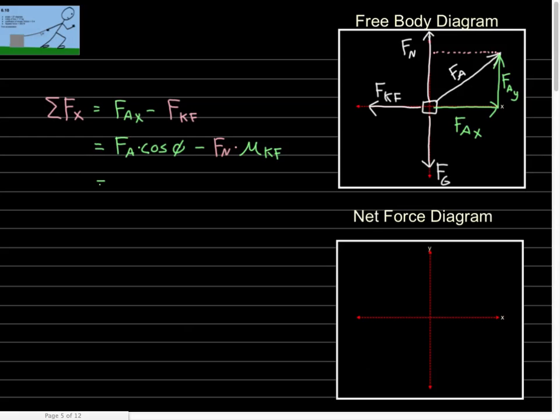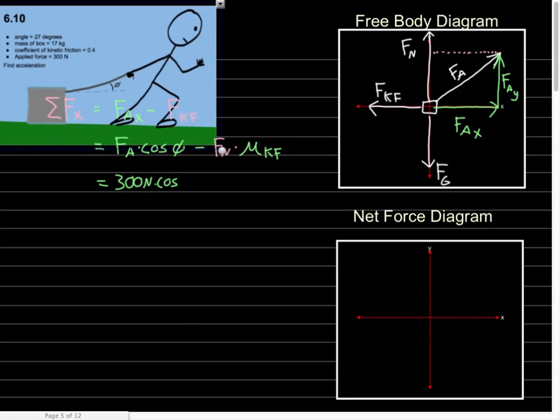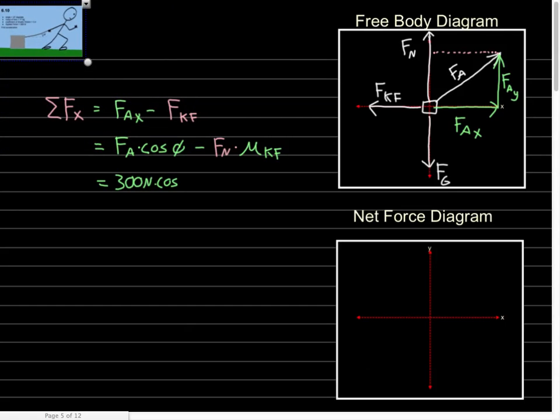So continuing, we have Fa, which is 300 newtons, times the cosine of, let's see, what angle was it? 27 degrees. So times the cosine of 27 degrees minus the unknown normal force times the coefficient, which was 0.4. So all we've got to do in this whole problem is find the normal force, and then we're done.